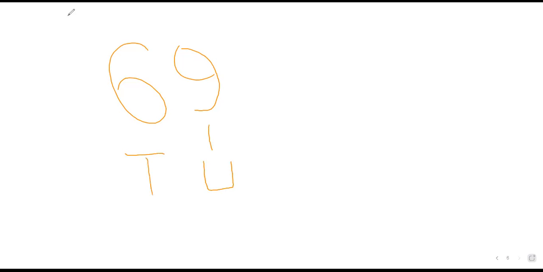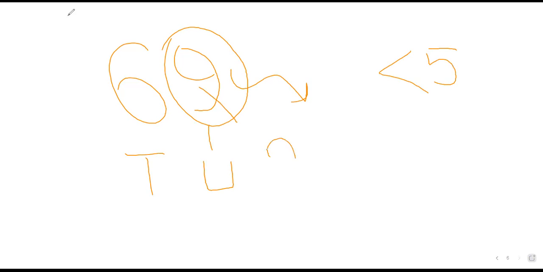When we are rounding off, the first rule is that if the unit digit, which is going to be dropped, is less than 5, drop it and put 0 over here.